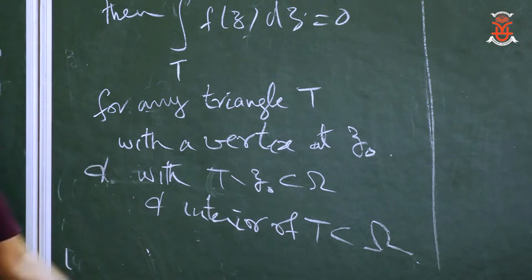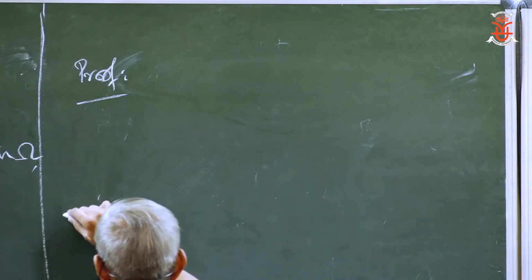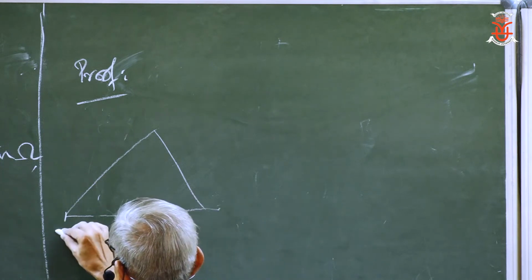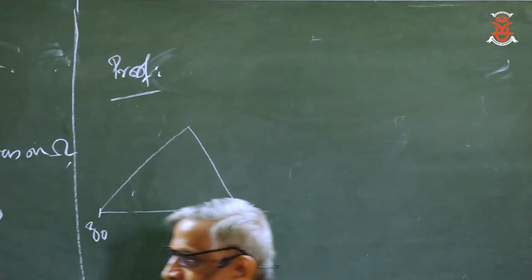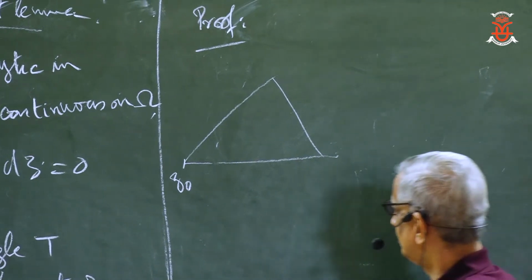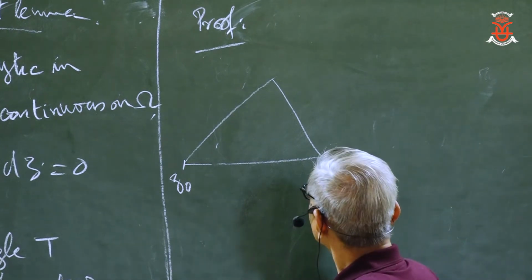Only one point, so this can be reduced to the untweaked case, so to say. Suppose this is z0. So one of the vertices is z0.